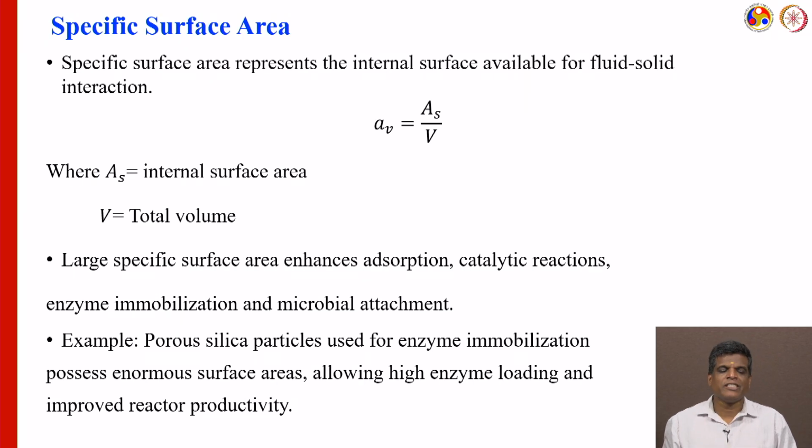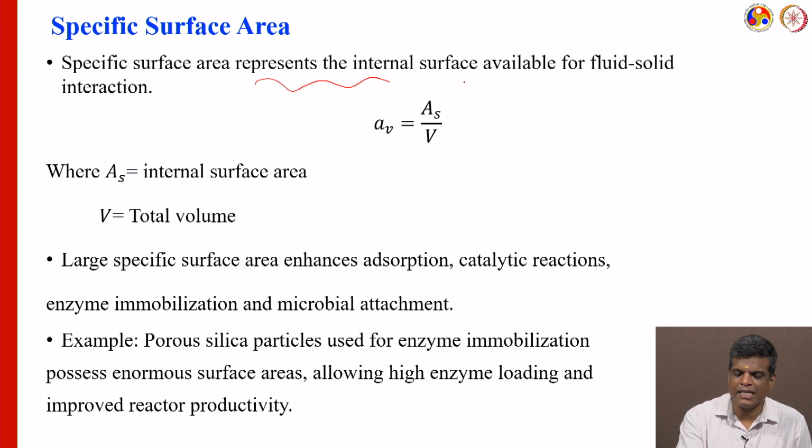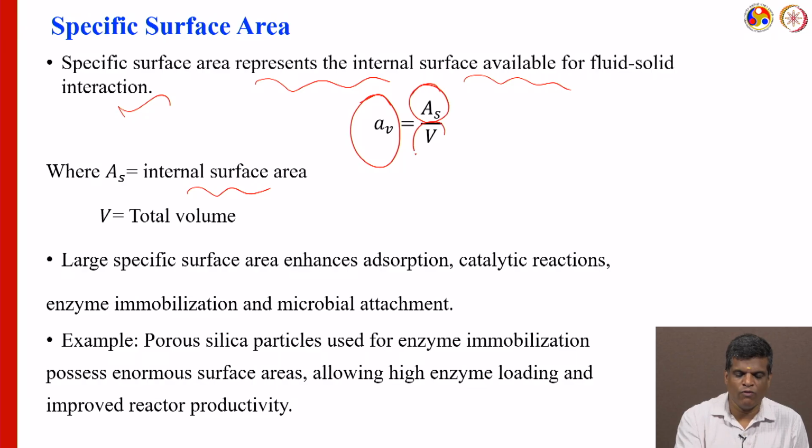Next is the specific surface area. The specific surface area represents the internal surface available for fluid-solid interaction. The specific surface area, Av, equals As, the internal surface area, divided by V, the total volume, in meter square per kg.